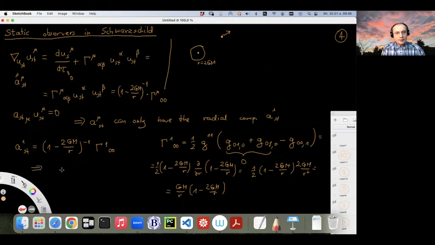So we plug the Christoffel in here, and we get that a^1_static, this will cancel out this one, is equal to GM/r². Okay, so superficially we have recovered exactly the Newtonian value. It seems that there is nothing interesting happening. But keep in mind that this statement is a little bit misleading.